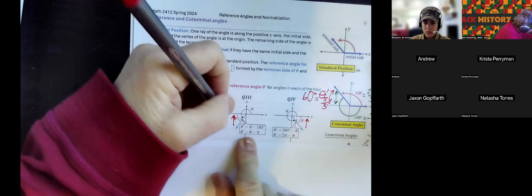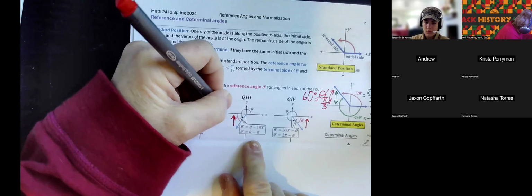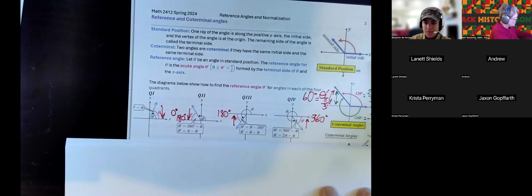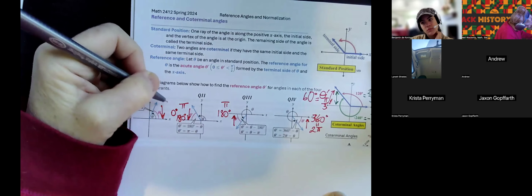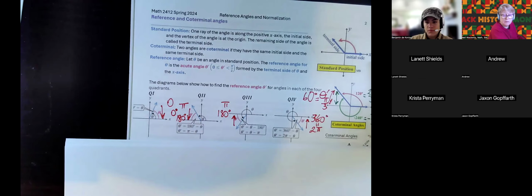In quadrant 3, the x-axis is 180 degrees. In quadrant 4, the x-axis is 360 degrees. And of course, this is 2 pi, pi, pi, 0.